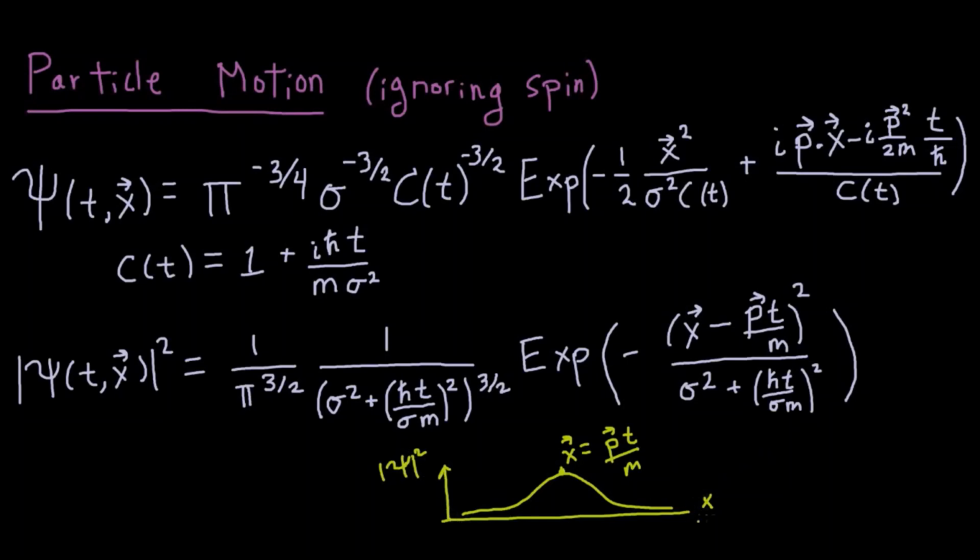Like I said, I'm only doing it in 1 dimension just because I can't do x, y, and z on the screen. But okay, this is actually called a Gaussian, the exact shape.